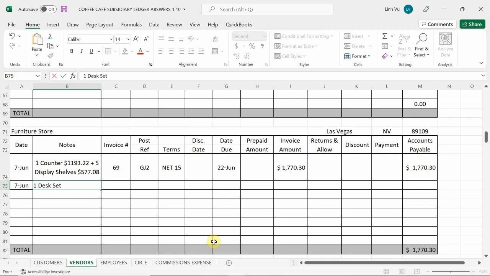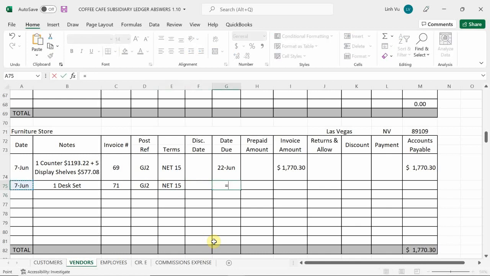You don't need to add the values here because you could just pull up the receipt and you would see everything that you need to see there. 71 is the invoice. We're still on General Journal 2, and we also received the terms of net 15.